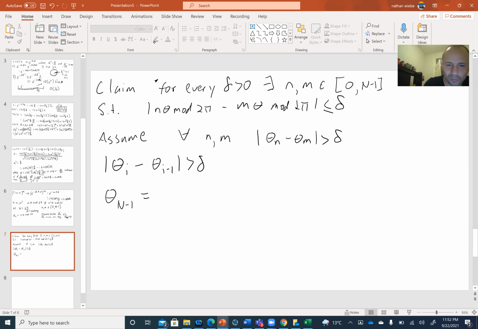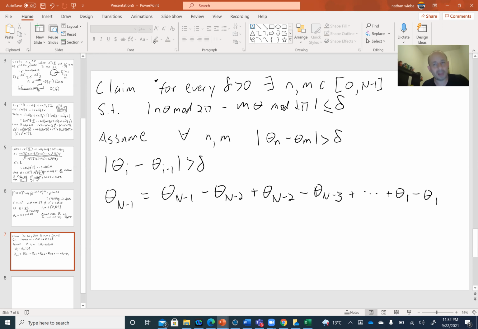This is equal to theta n minus 1 minus theta n minus 2 plus theta n minus 2 minus theta n minus 3 plus all the way down to plus theta 1 minus theta 1. Okay, so I've done absolutely nothing here except just telescope this sum out in order to bound it.